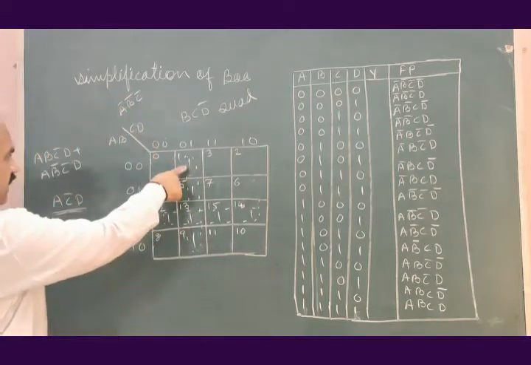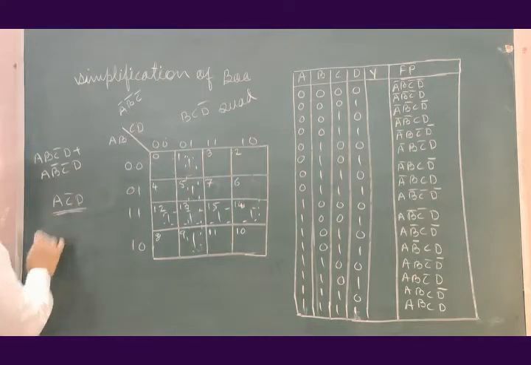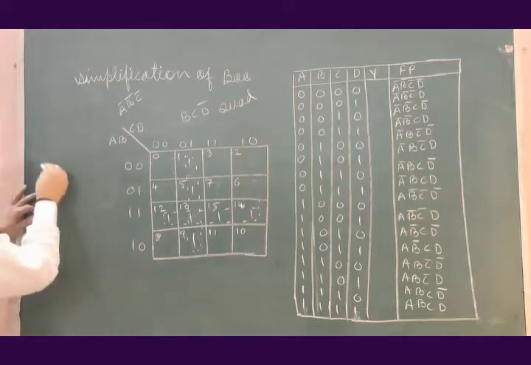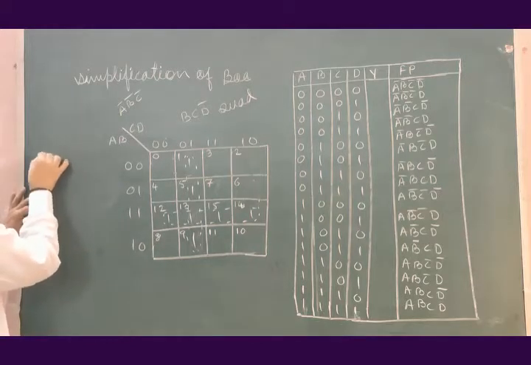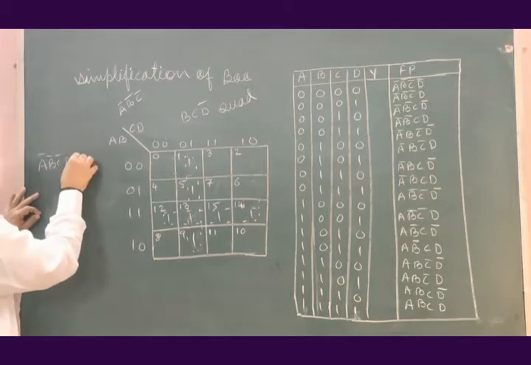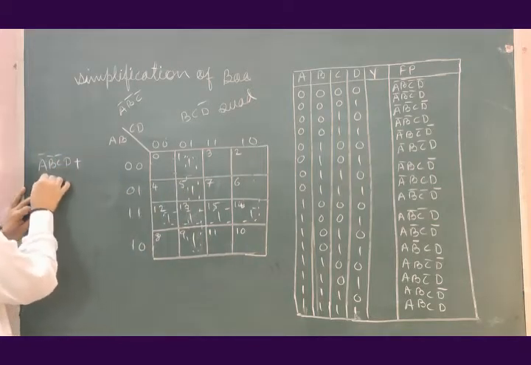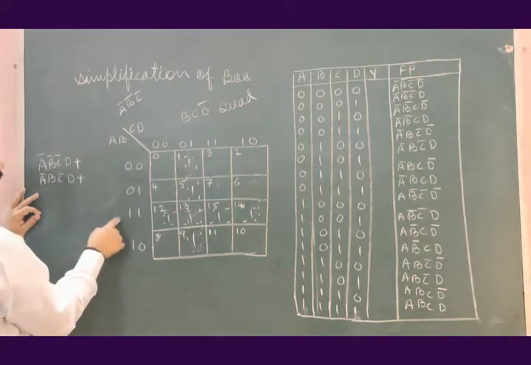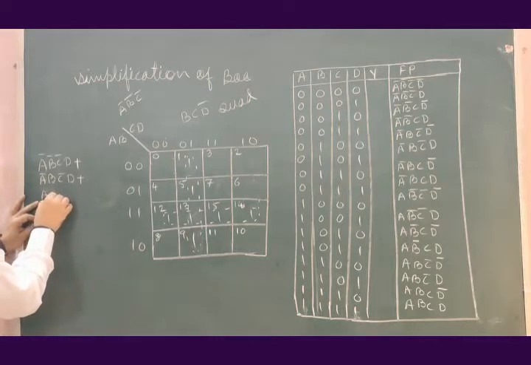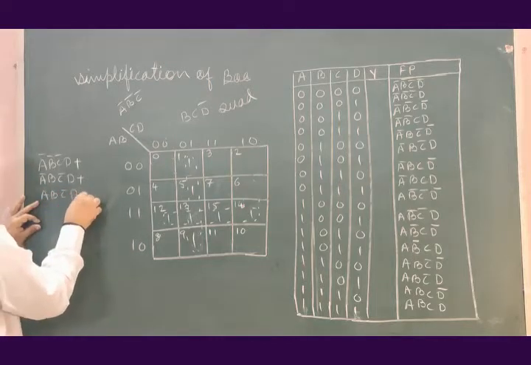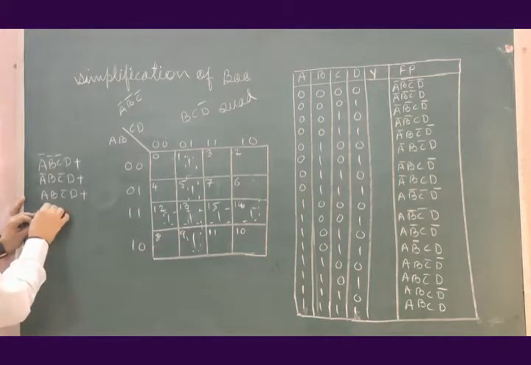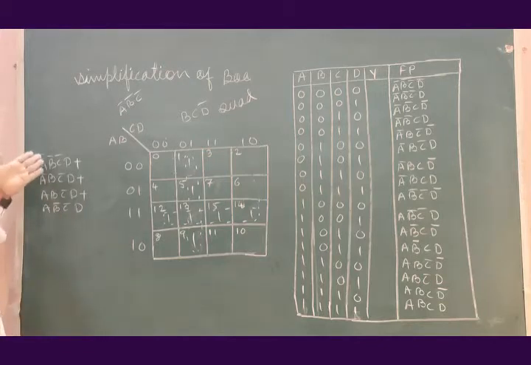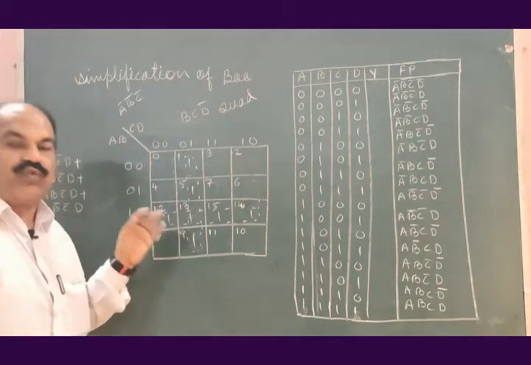For example, this one is A bar, B bar, C bar, D, or this one is A bar, B, C bar, D. This one is A, B, C bar, D, or this one is A, B bar, C bar, D. This is the SOP form of equation for these four ones.